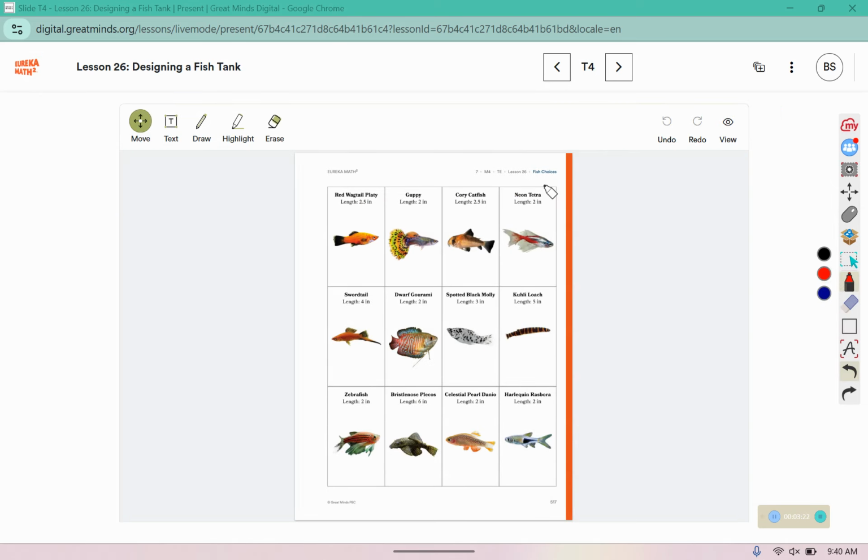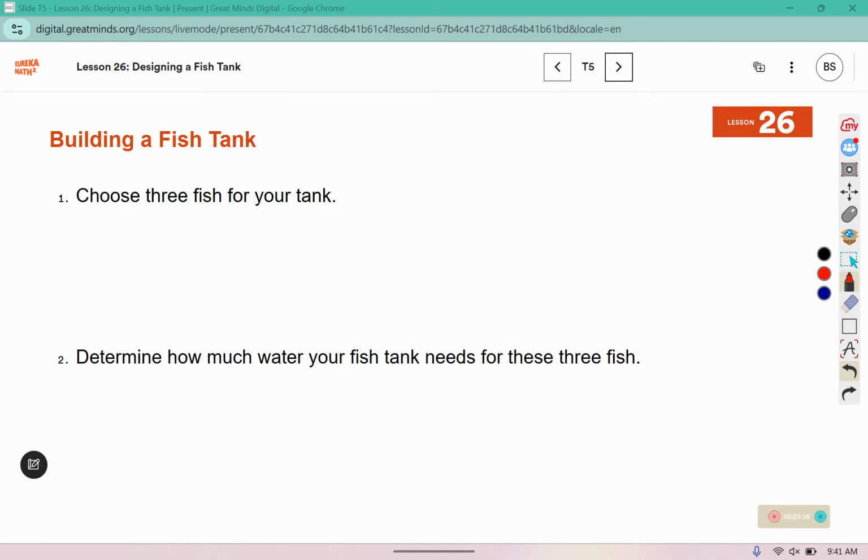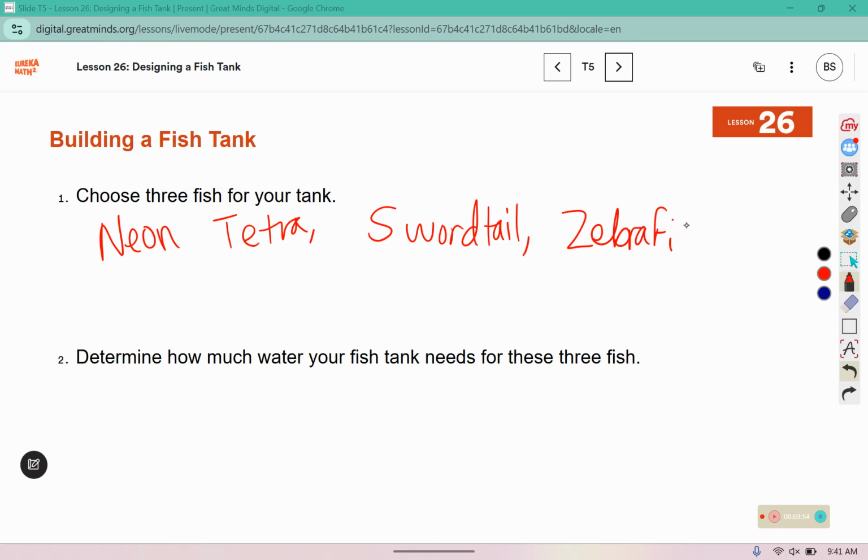I am going to select the neon tetra, the zebrafish, and the swordtail. Determine how much water your fish tank needs for these 3 fish.